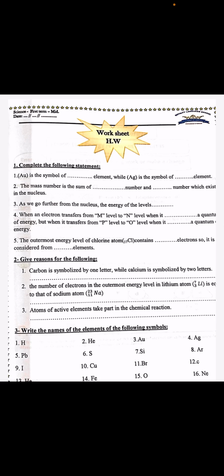Write the name of the elements of the following symbols. H, hydrogen. Number 2, He, helium. Number 3, Au, gold. Number 4, Ag, silver. Number 5, Pb, lead. Number 6, S, sulfur.